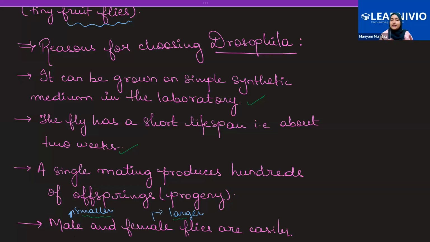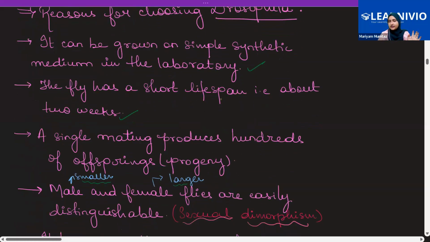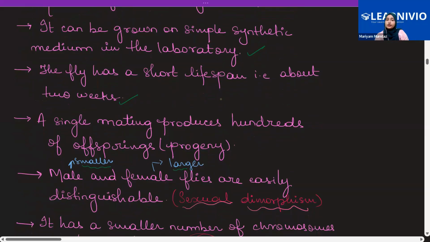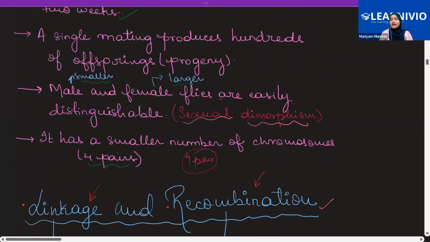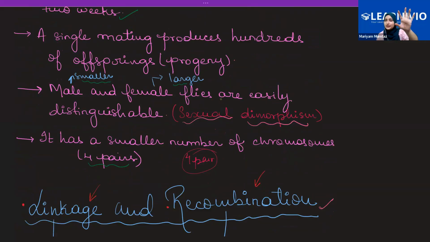Also, after every mating session, Drosophila produces hundreds of offspring, so we have more observations to take. The male and the female flies are easily distinguishable, just like how you can distinguish a male human and a female human.